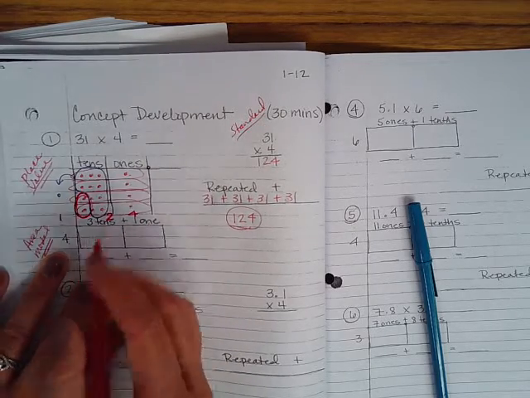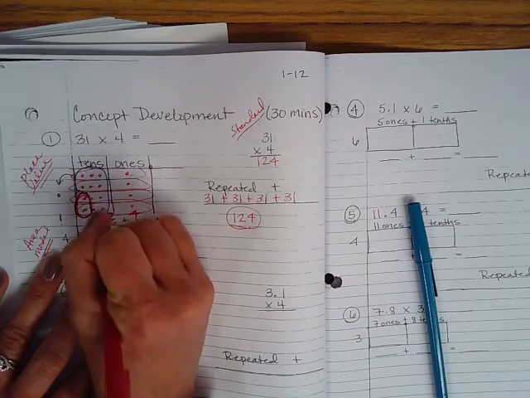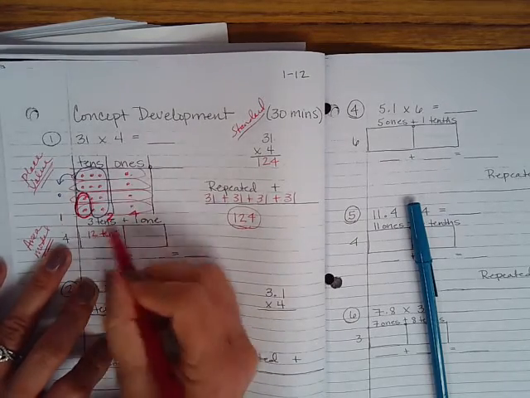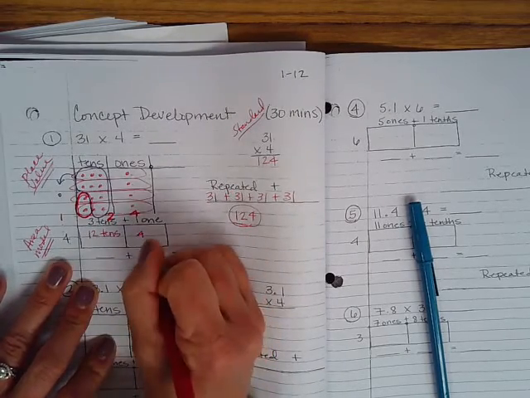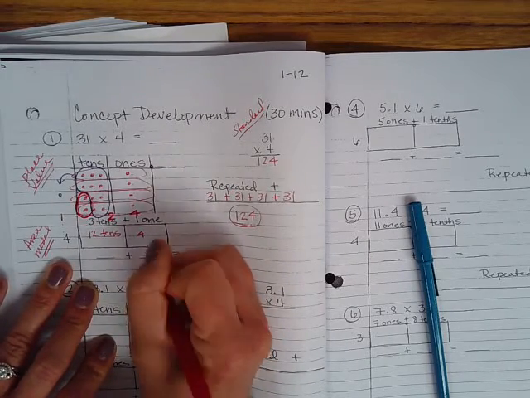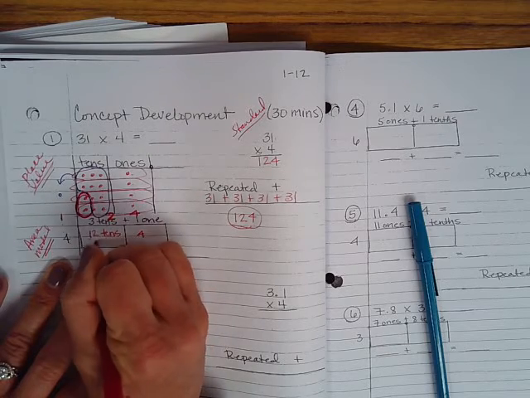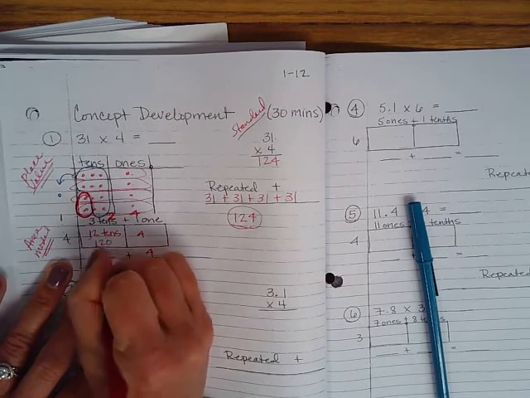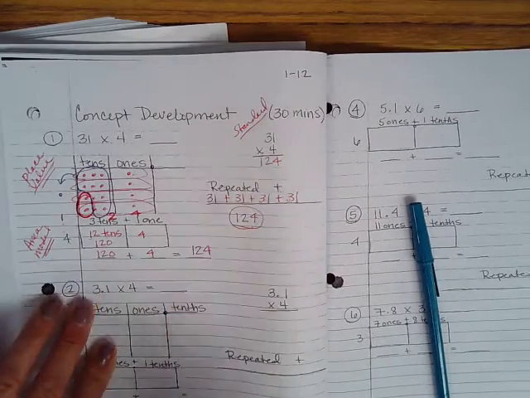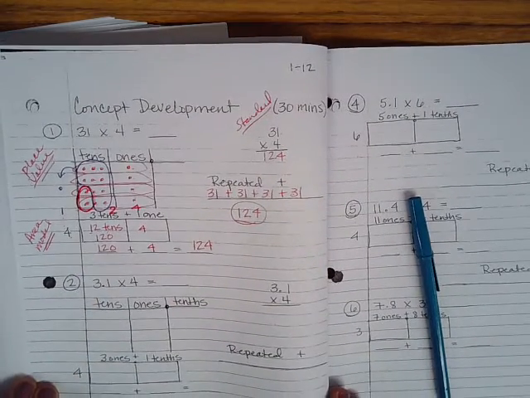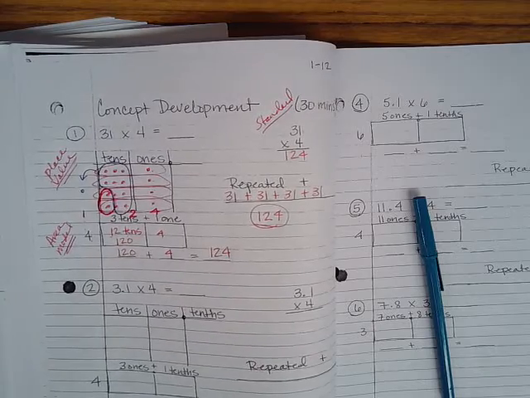Here's 4 times 3 is 12 tens. And 4 times 1 is 4 ones. So it's 4. And 12 tens equals 120. 120 plus 4, 124. Okay? Give me a thumbs up if that seems okay.